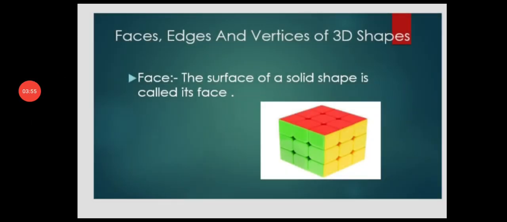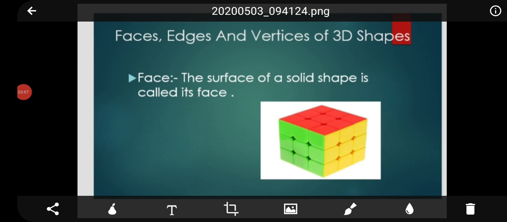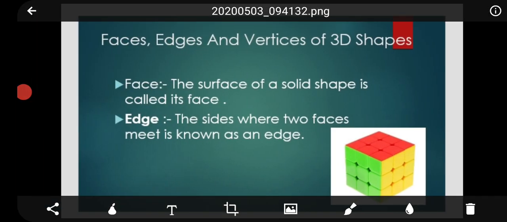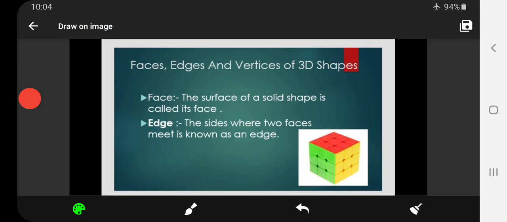The 3D shapes which have plane surfaces also have faces, edges and vertices. So what is a face? The surfaces of a solid shape are called the faces. These are the faces of the cube. Now what are the edges?